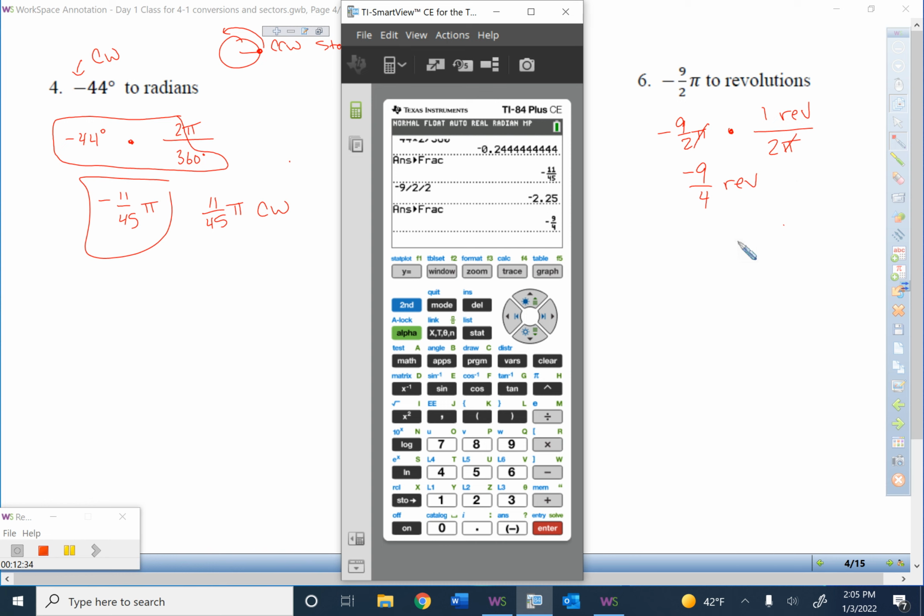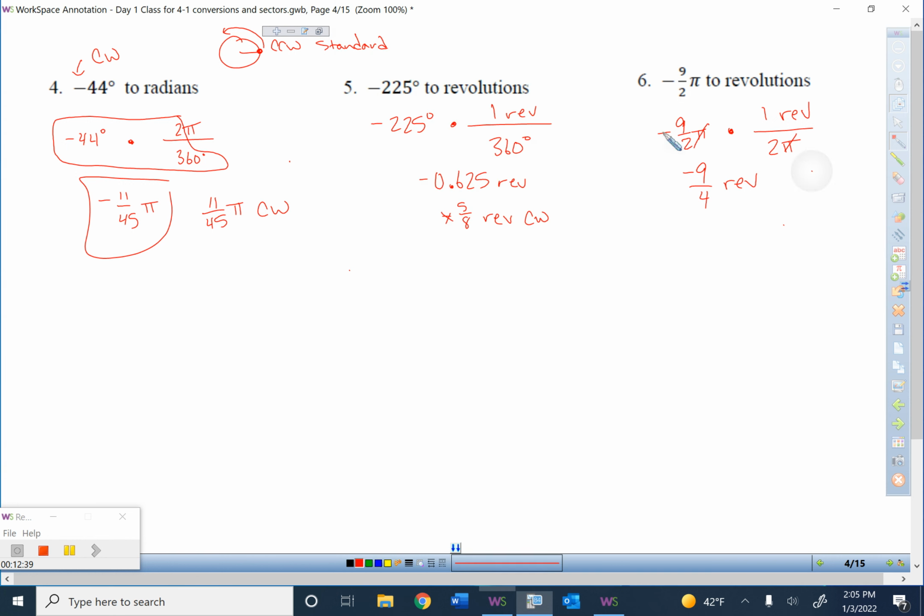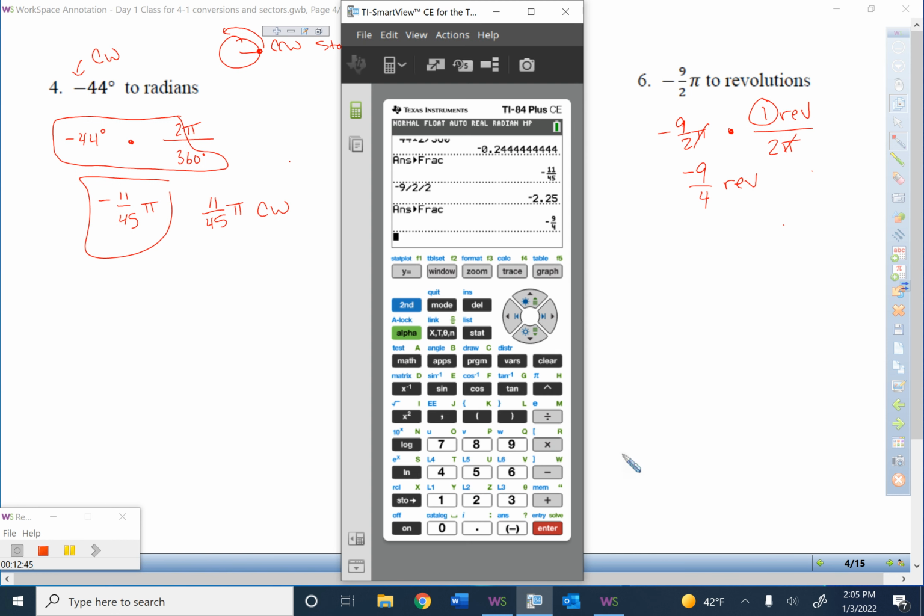The only way to fix this to make sure your calculator does it right all of the time, if you want to use that, is change these to 2 separate fractions and include that 1. So instead of going like I was showing you that first time, you would have to go negative 9 divided by 2 times the 1 divided by 2, and that'll save you from the fraction within a fraction sometimes coming out wrong. This was a special case that didn't come out wrong because of that 2 divided by 2, so do be careful, please.